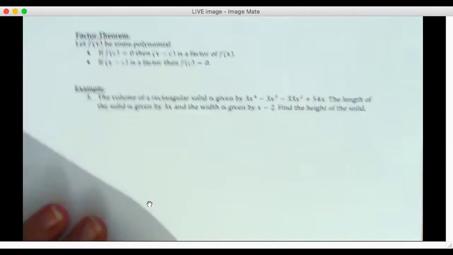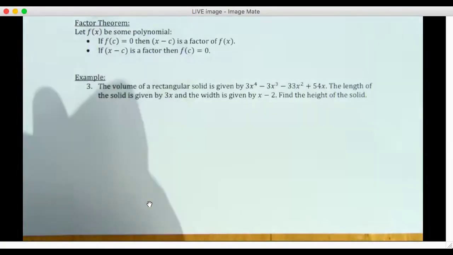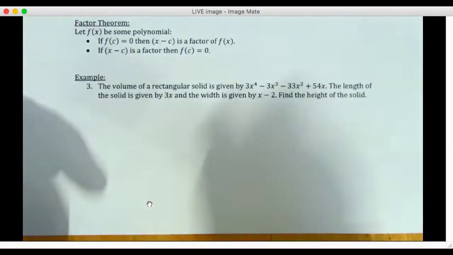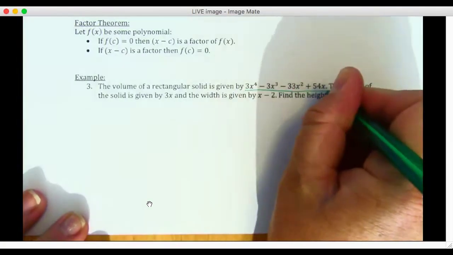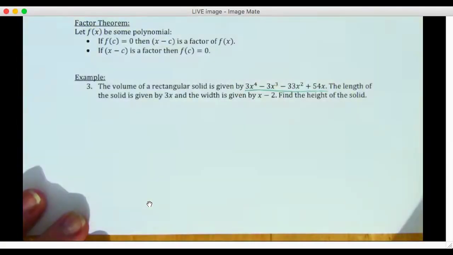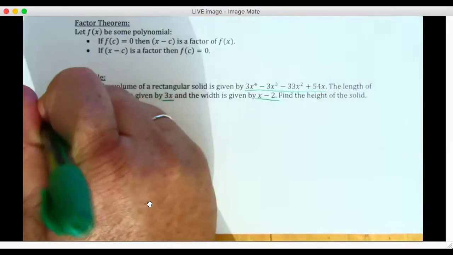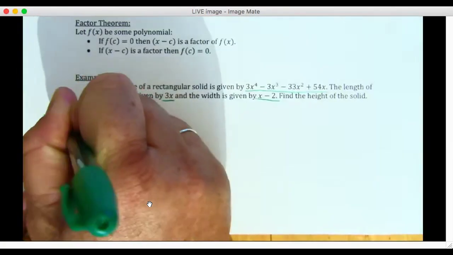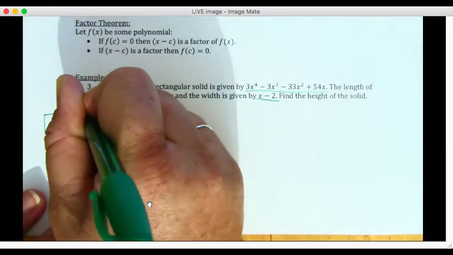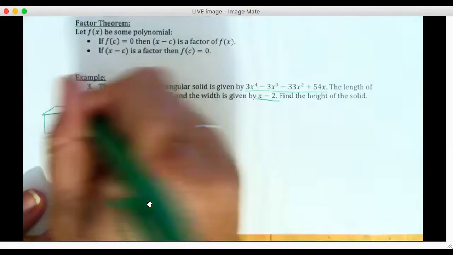This last example here, it says the volume of a rectangular solid is given by this polynomial here. So this is telling us the volume. The length of the solid is 3x, and the width is x minus 2. We want to find the height of the solid. So we have some rectangular solid, basically an irregular cube here.